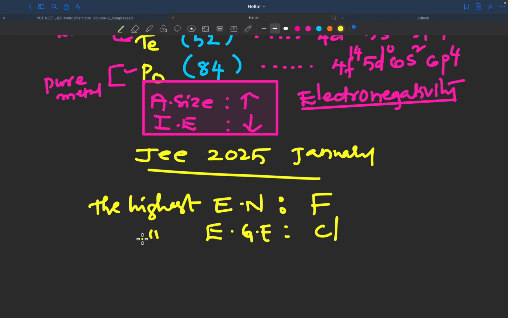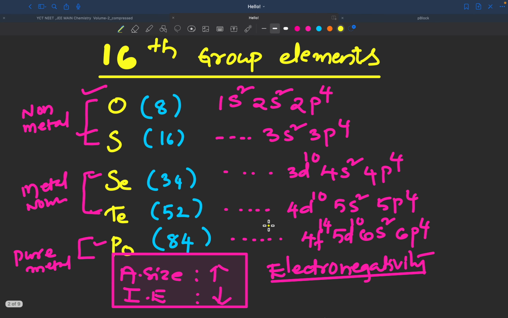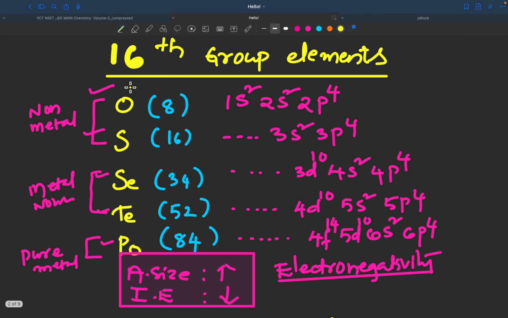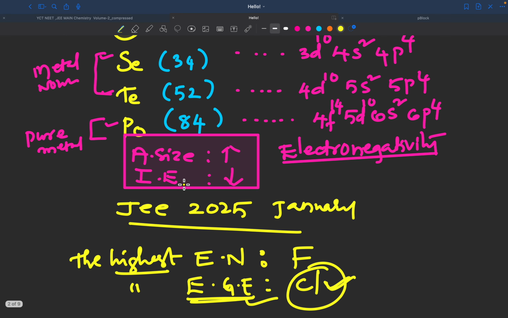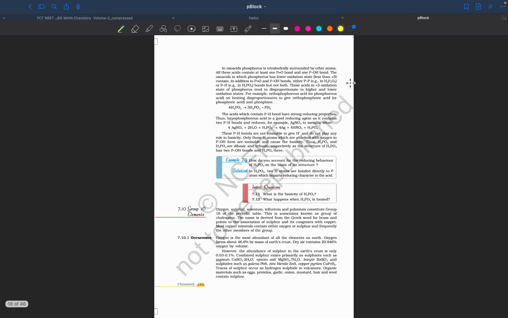So in the p block, the element with the highest electron gain enthalpy is chlorine, and the second element has got the highest gain enthalpy. Here the electronegativity is greatest for oxygen, but electron gain enthalpy for sulfur is very high. This is the question asked in JEE 2025: which of the following has the highest gain enthalpy? This type of question is being asked. I'll show the values of these also.